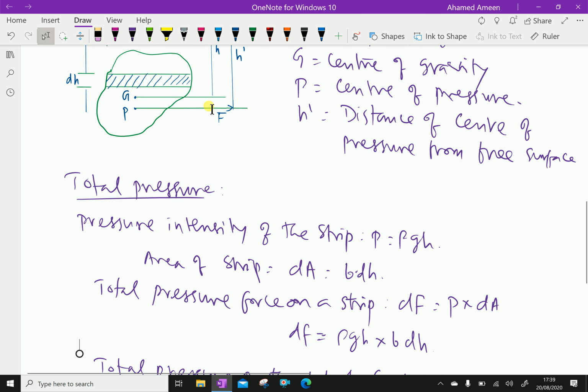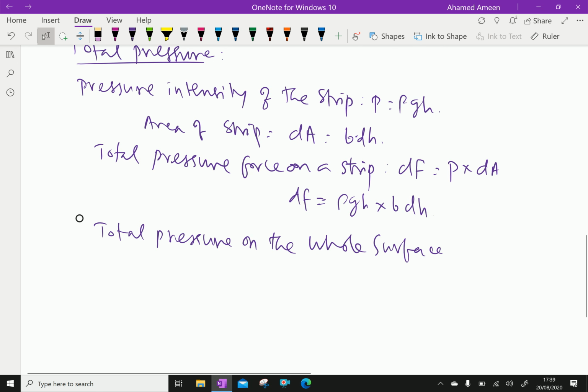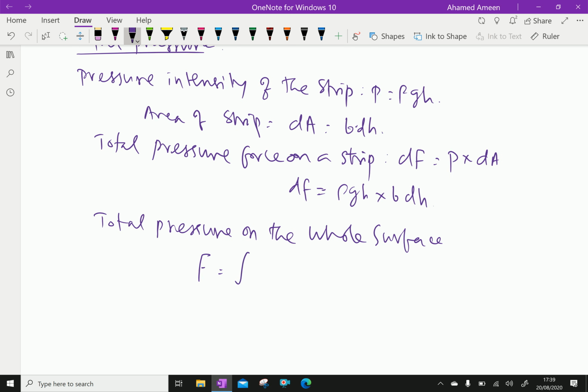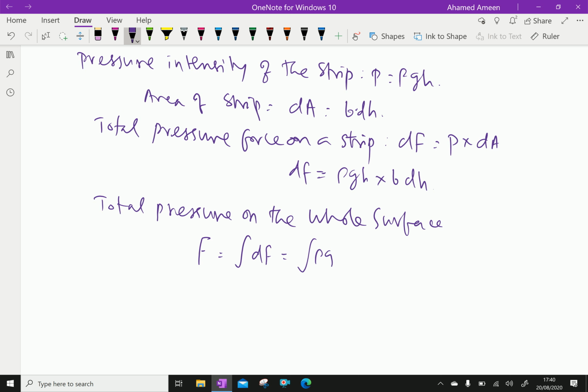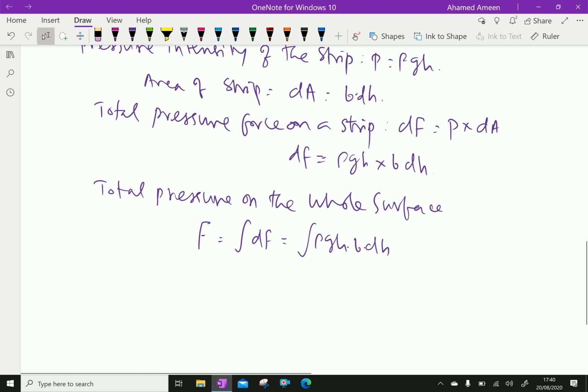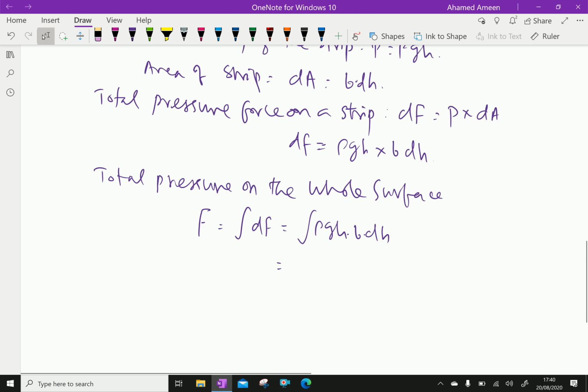If you want to find the total pressure on the complete surface, we have to integrate this. F equals integral dF, equals integral rho g h b dh, where rho g is a constant.